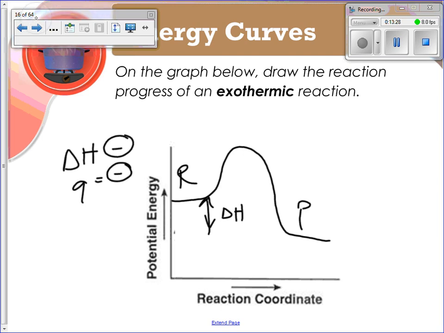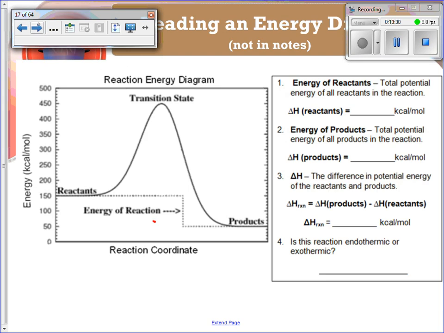Just to tie it all together for you. So looking at this particular drawing here, the energy of the reactants, the total potential energy of all the reactants in the reaction, if we look on the graph, is at 150 kilocalories per mole right here. The energy of the products, looking down where the products are, is at 50.